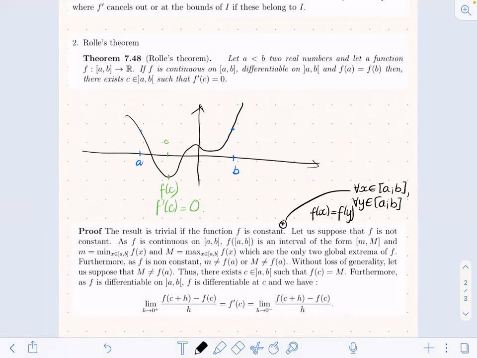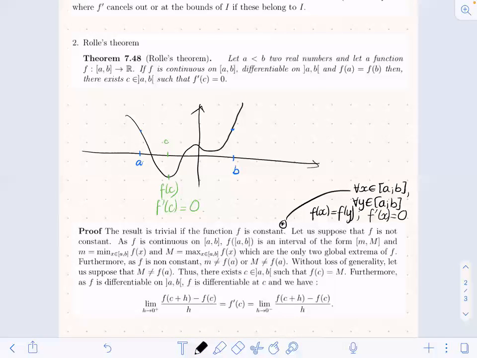So if you have a constant function on your interval, then if you take any two points in the interval, the values are equal. So here, in particular, if you take f of a and f of b, they'll satisfy this property. And also, as your function is constant, you also have f prime of x and f prime of y equal to 0.